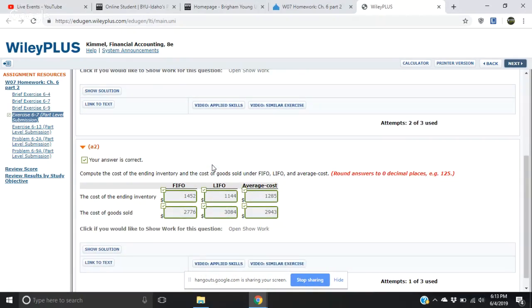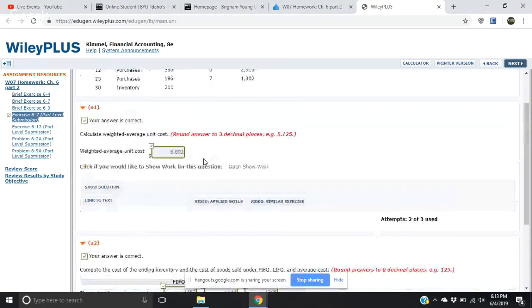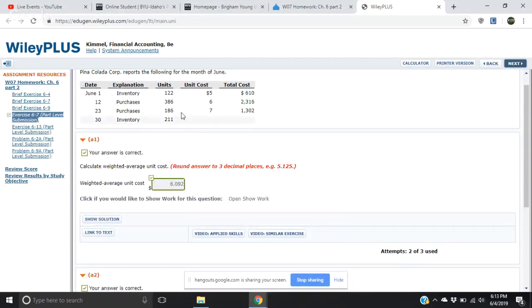Now the second exercise, we will be figuring out the cost of the ending inventory and cost of goods sold using the FIFO unit. FIFO stands for first in, first out. And so we will start with the inventory units on June 23rd, and we will multiply that by 7, and we get 1,302.